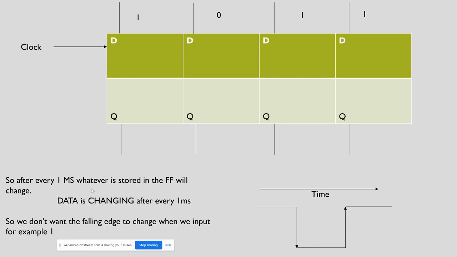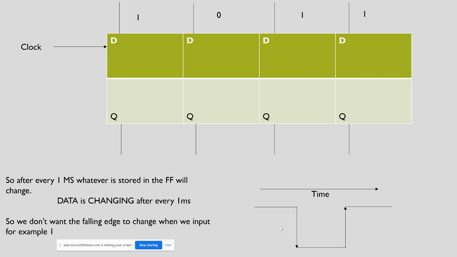After every 1 microsecond, whatever is stored in the flip-flop will change. So what's the point if we can't keep the memory here forever? Here the data is changing after every 1 microsecond.